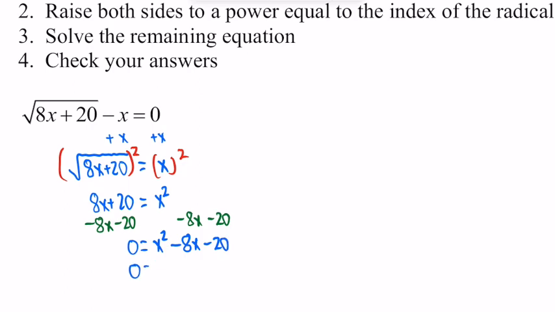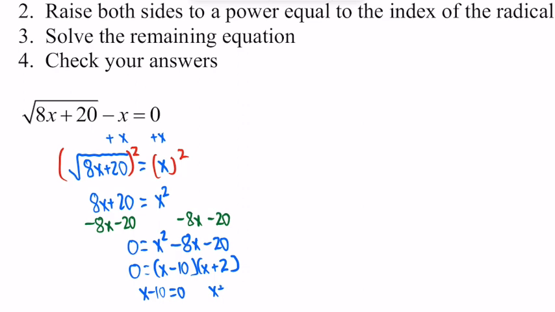Now that we've got 0 on one side, we can solve by factoring. It starts with x squared, so we put x and x at the beginning of each group. To multiply to be negative 20 and add up to negative 8, you would have minus 10 and plus 2. To finish, we take each of those factors and set them equal to 0.